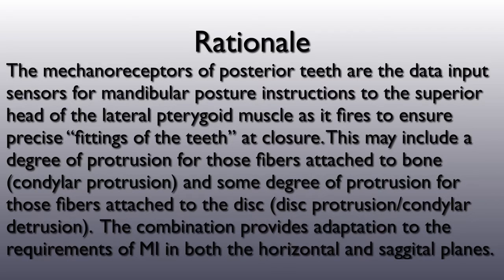This may include a degree of protrusion for those fibers attached to bone, which would result in condylar protrusion, and some degree of protrusion for those fibers attached to the disc, which would result in disc protrusion, which is condylar detrusion. The combination provides adaptation to the requirements of MI in both the horizontal and sagittal planes.